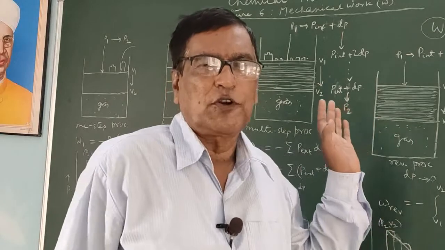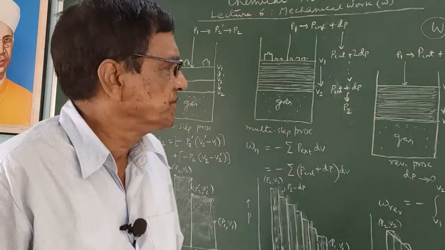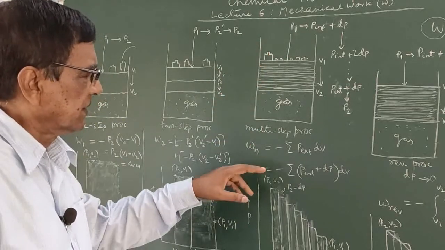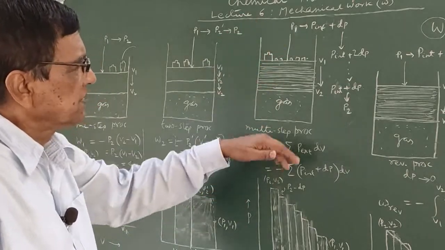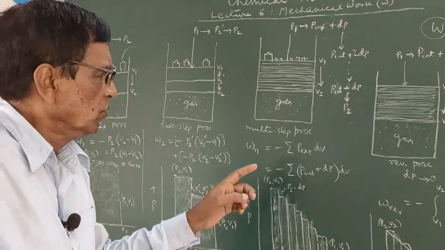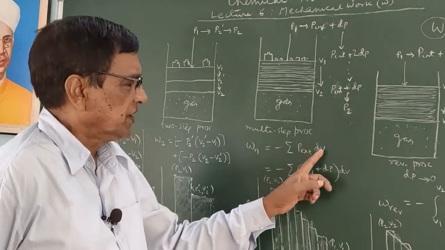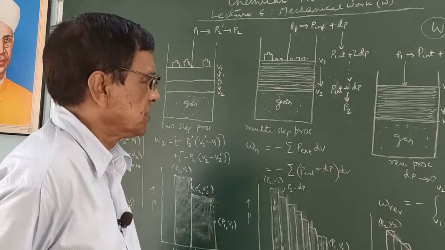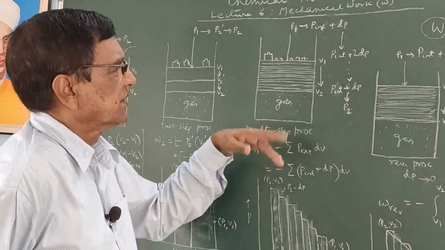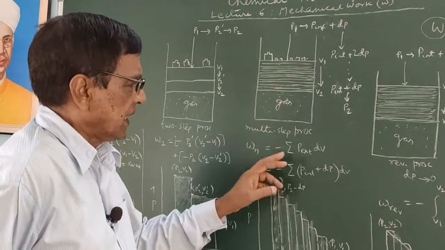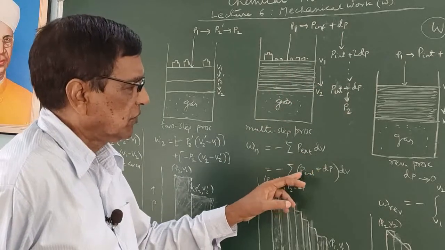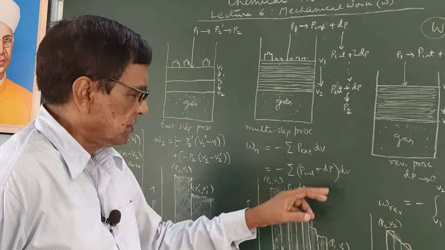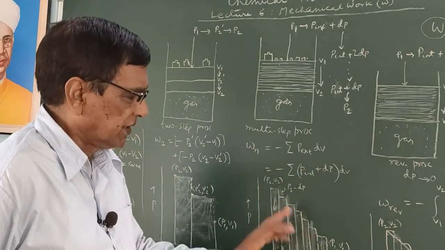So the amount of work required to compress from V1 to V2 will be minus the summation of P external into dV, the summation of the work required for all these steps, where P external equals P internal plus dP, and this curve will be like that.